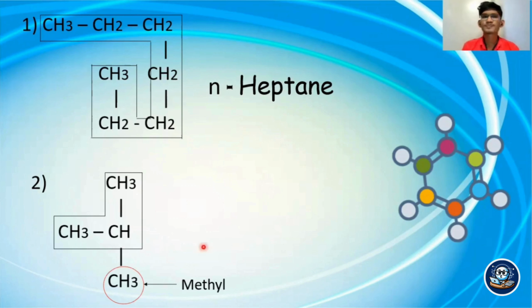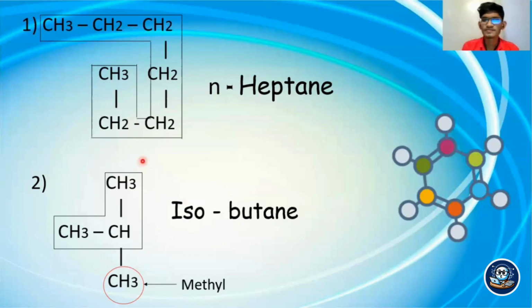The next step is to check how many methyl branches are there on the second or second last carbon. So yeah, there is only one methyl branch. So it will be 1, which means iso, and the complete number of carbons gives the alkane name, which is butane. So it will be isobutane. Okay, it will be isobutane.